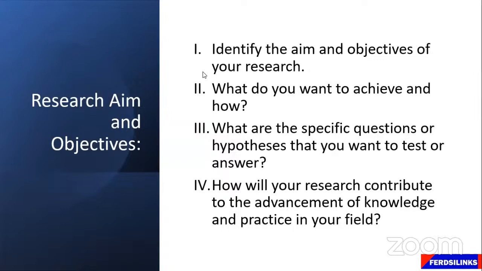So, before the light went off, we were talking about identifying the aims and objectives of your research, which I said is important for you to ensure that literature guides you in establishing your research objective.